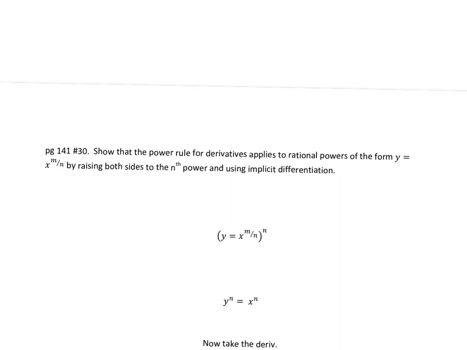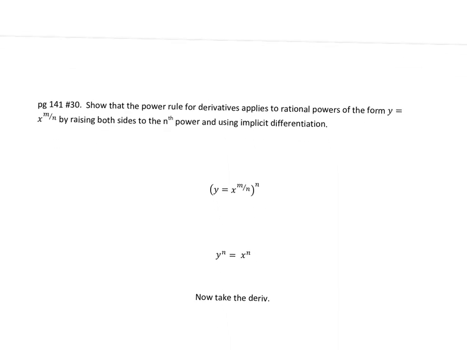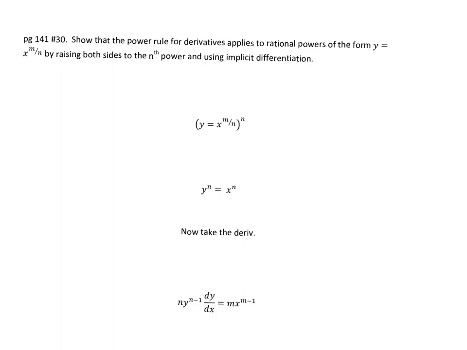And then we differentiate. So when we take the derivative, as you can see, you're going to use the power rule in both instances, but on the left-hand side, you are going to have that dy dx. On the right-hand side, you just have your regular power rule used.